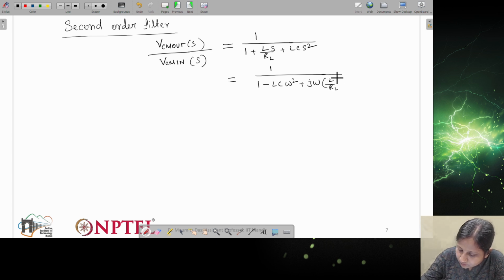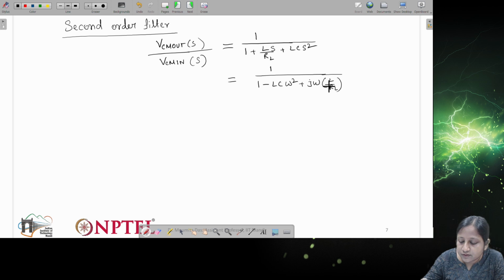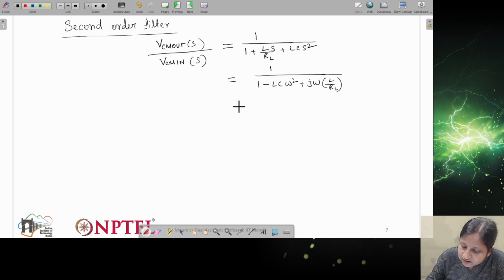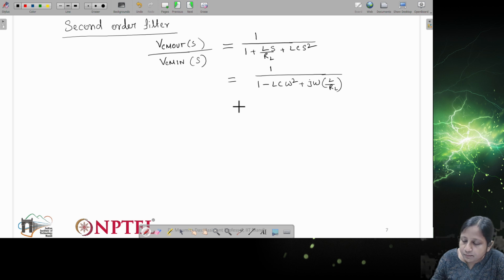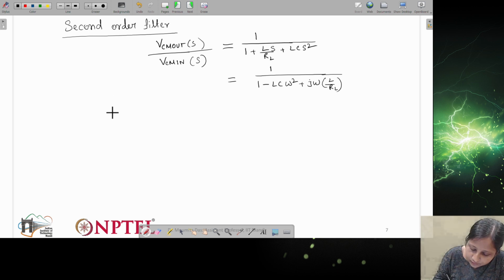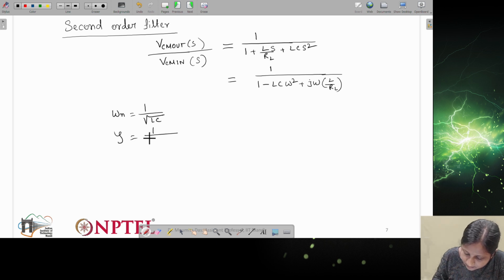You can write down the equation steps, and you will find these equations can be simplified in terms of frequency terms: omega n equals 1 under root LC, and zeta equals 1 by 2 RL root under LC.